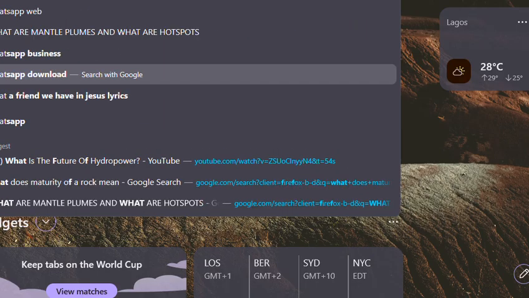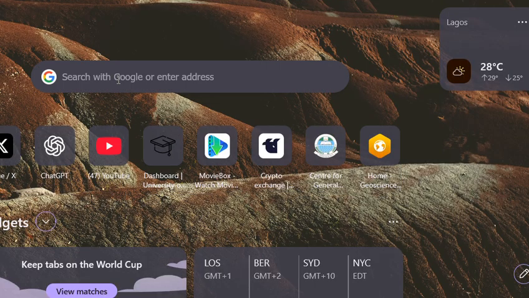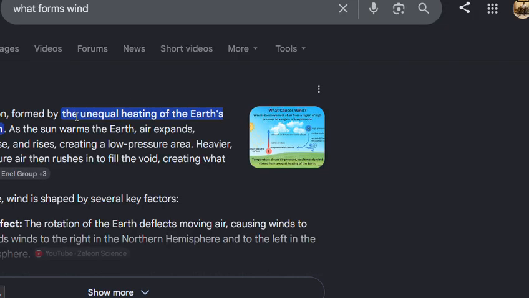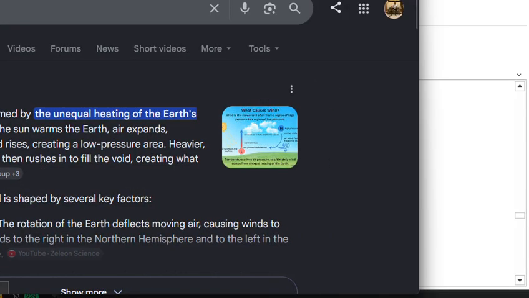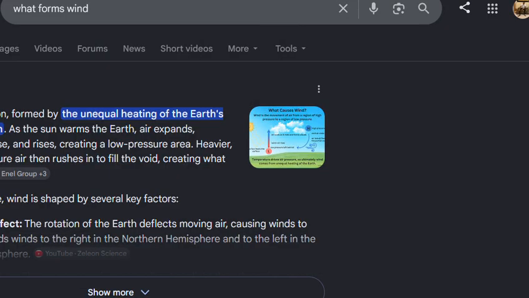And what you experience as a person is wind. That could be a driver for what? An agent of erosion. What are the agents of erosion?